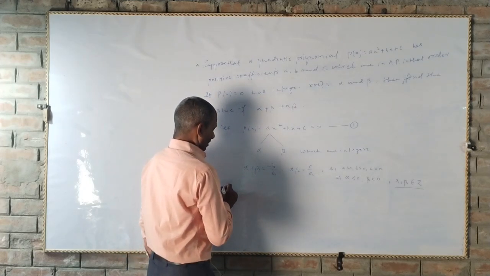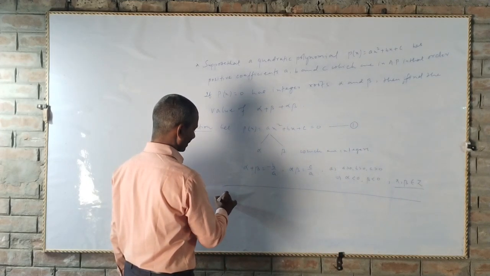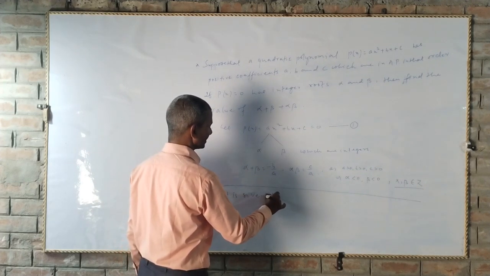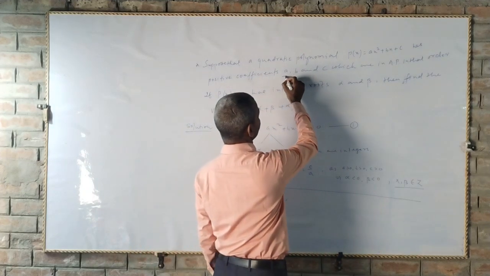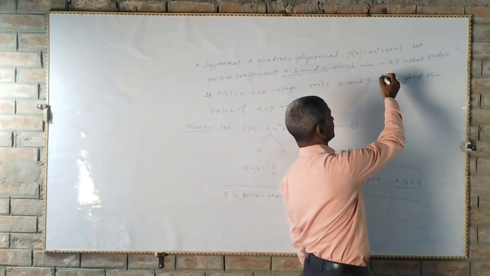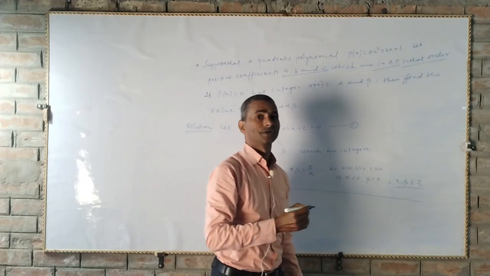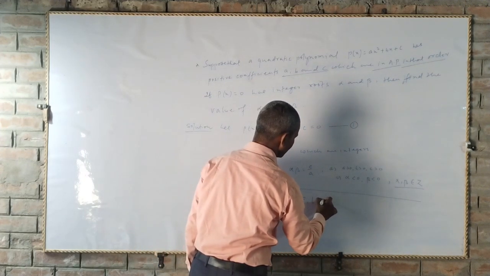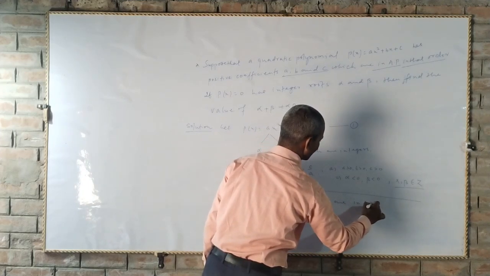Now also it is given that the coefficients a, b, c are in AP in that order. It means it is given that a, b, c are in AP.